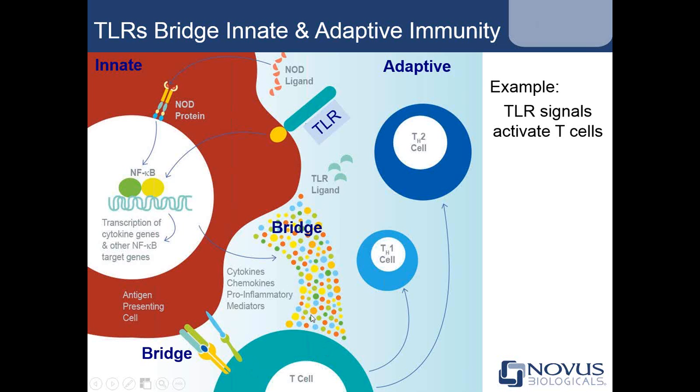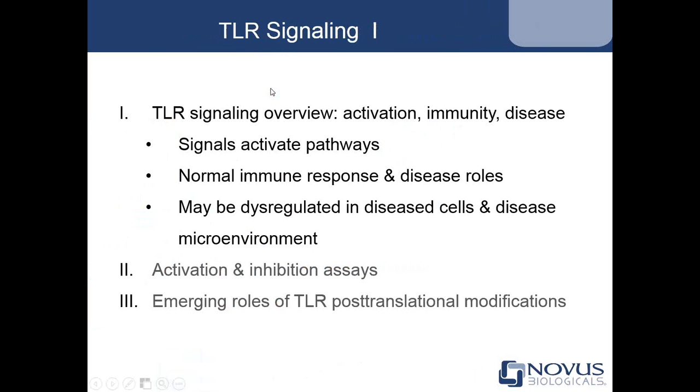And then these downstream inflammatory responses bridge back and affect the innate immune system. So this is sort of a modern day view of innate versus adaptive immunity, and kind of rethinking the dogma that these two immune systems are actually very intertwined. And TLRs play a key role in this entire process.